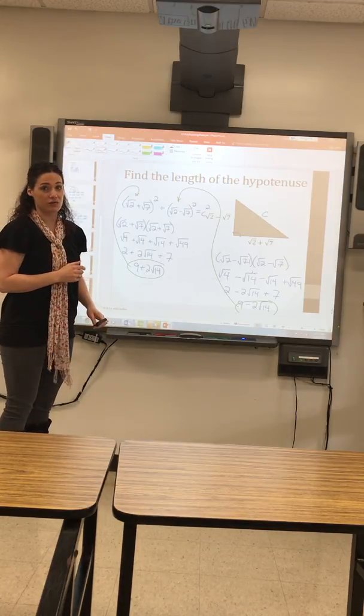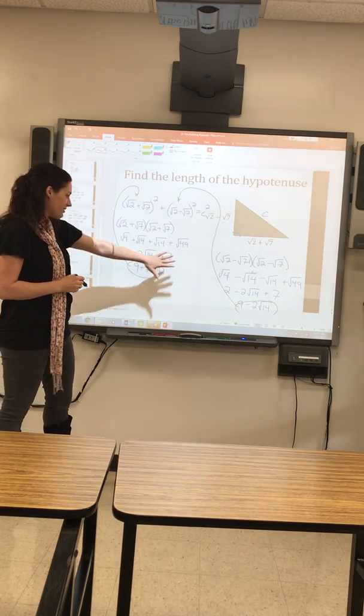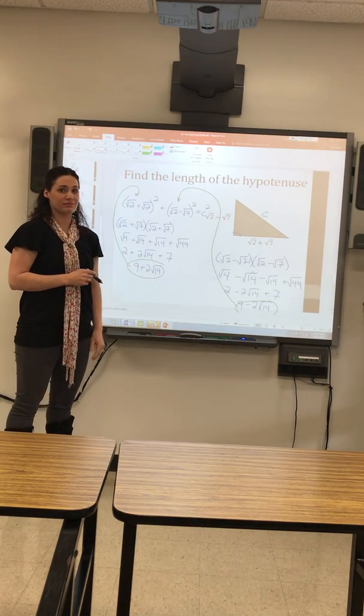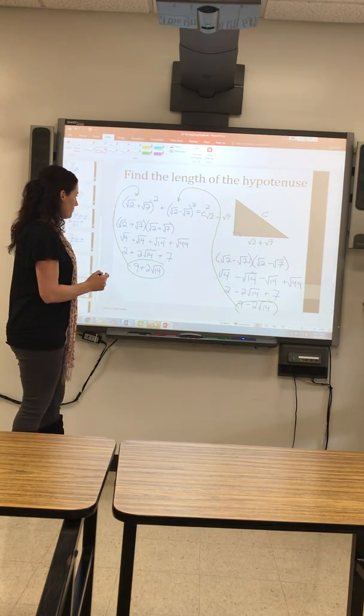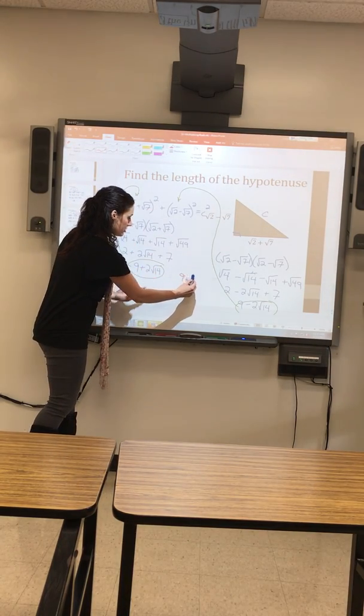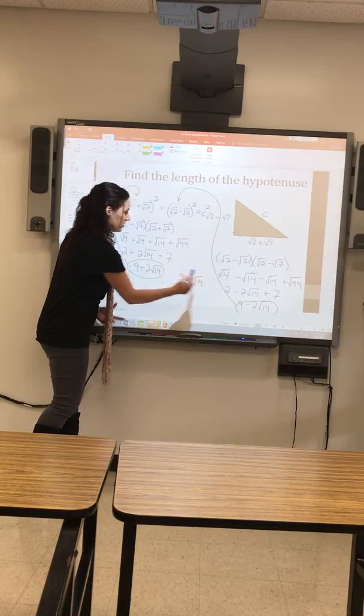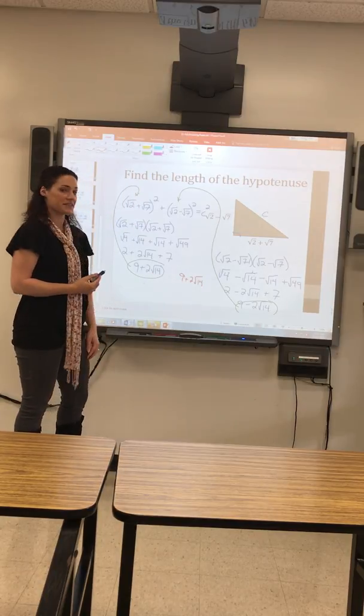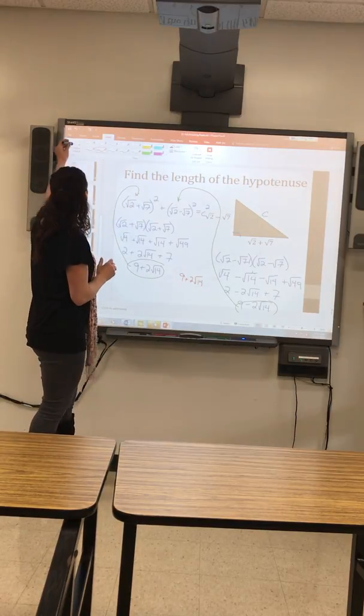I'll change the color so hopefully you can see what I'm doing. I'm going to have to sneak it right into the middle here. Hopefully you can read it. This became this. So I've got 9 plus 2 square root 14. This is definitely not going to work, so I'm going to try over.